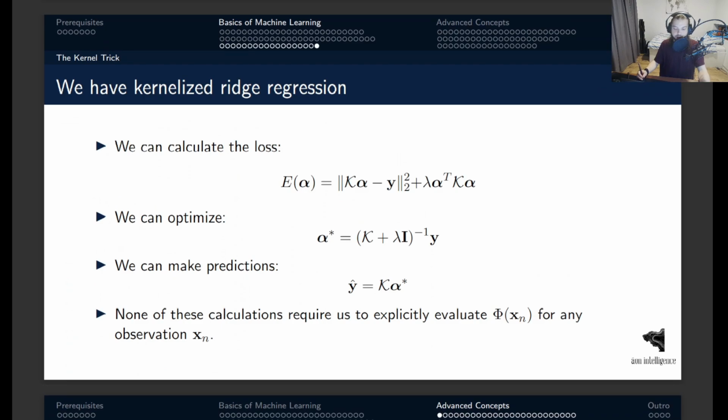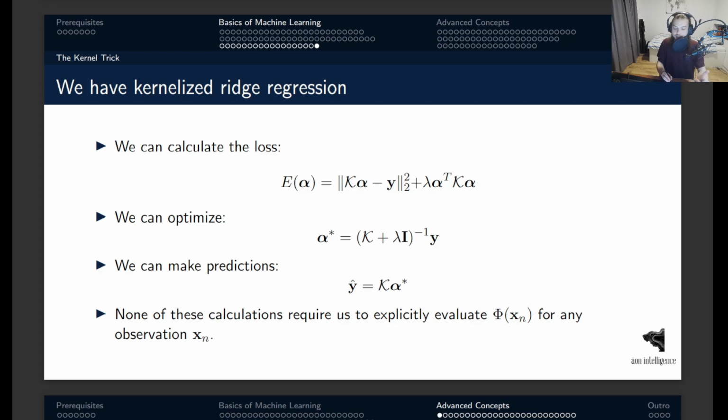And actually, this is it. We have completely kernelized ridge regression. We can calculate a loss. We can optimize, so we can find a solution to the minimization problem. And we can create a prediction vector y hat by multiplying the kernel matrix K with our ideal parameter vector alpha star.